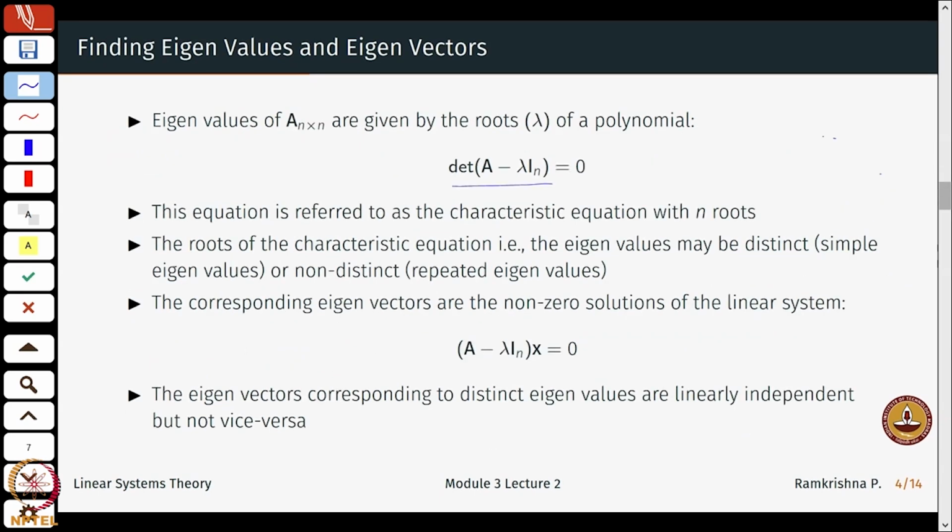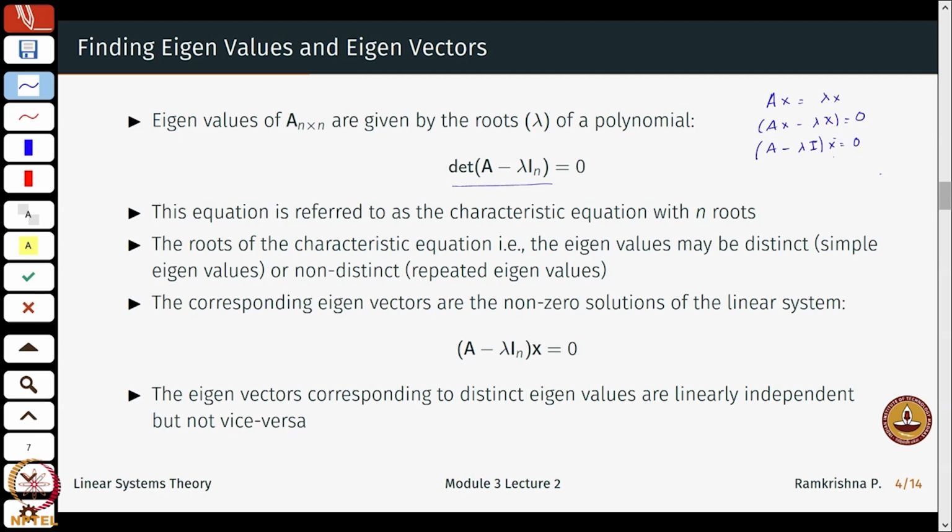Okay, so where does this expression come from? I start again with Ax = lambda x, which I can write as Ax - lambda x = 0, or (A - lambda I)x = 0, where I is the identity matrix of appropriate dimensions. Okay.